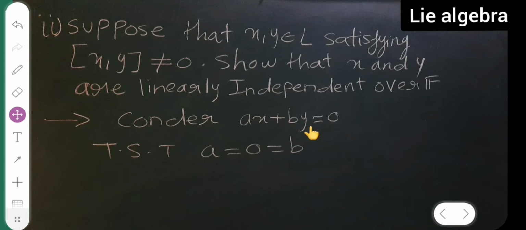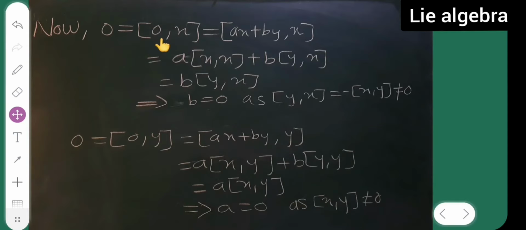From here I got ax plus by. So I will write the Lie bracket of ax plus by, and then x as it is, comma x. Now this is equal to what? I have used bilinearity. a keep it outside, [x, x] plus b keep it outside, [y, x].